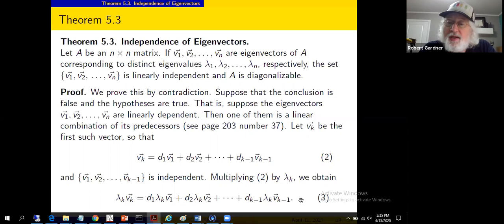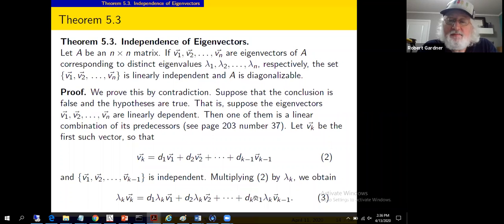Where we're going on this might be a little vague, though the argument you should be able to follow. Lambda sub k times v sub k, I know what that is, because lambda sub k is an eigenvalue and v sub k is a corresponding eigenvector. So we got a particular expression for this. This is equal to matrix A times vector v sub k by the very definition of eigenvector and eigenvalue.